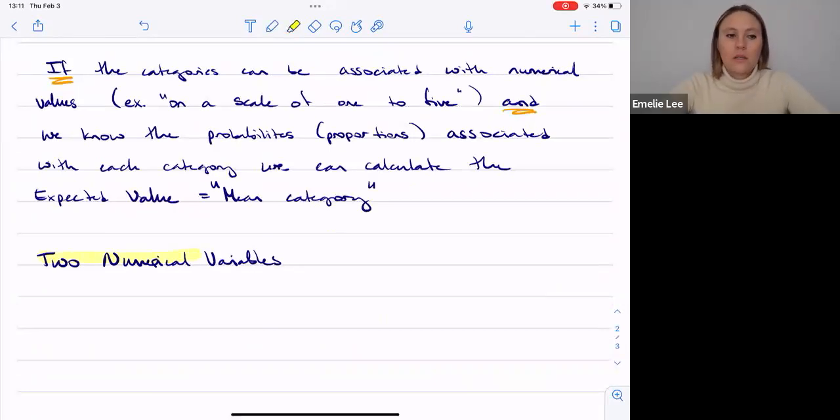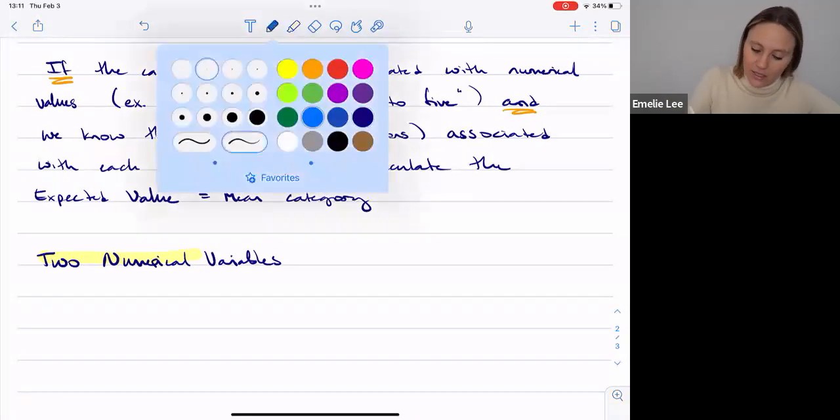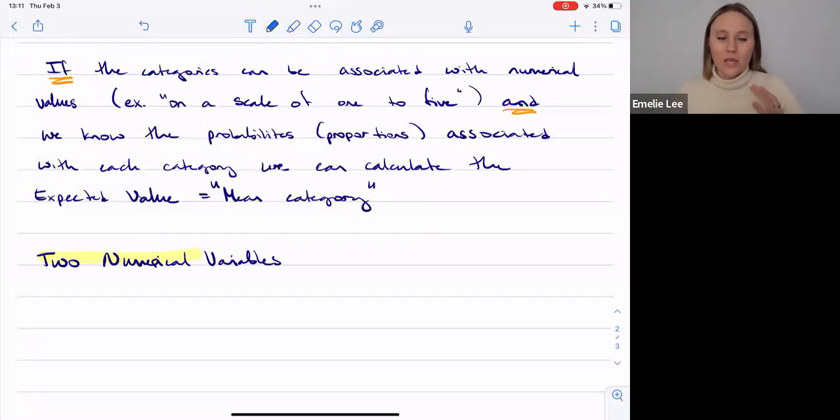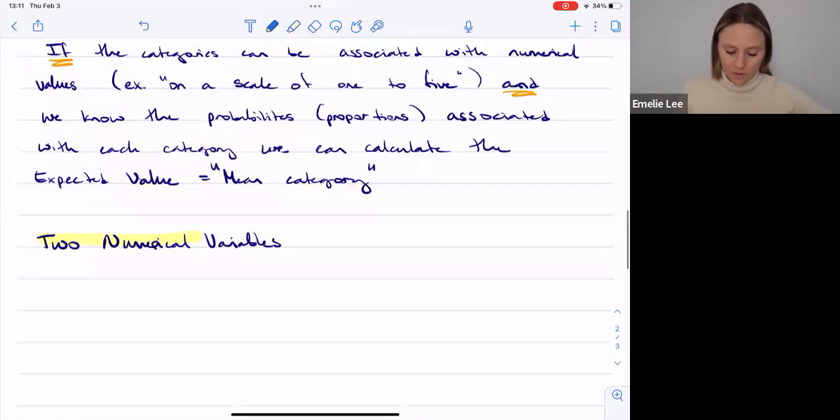So now, instead of just summarizing one thing, what's going on with this one piece of information, I'm looking more at the relationship between two variables, right? So as soon as I'm looking at two or more variables, I'm looking at their relationships.